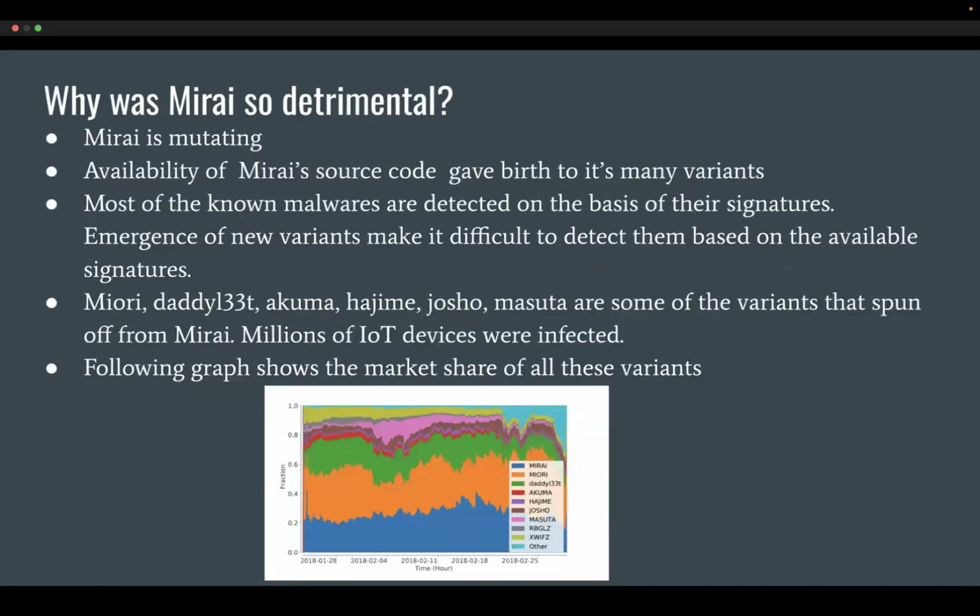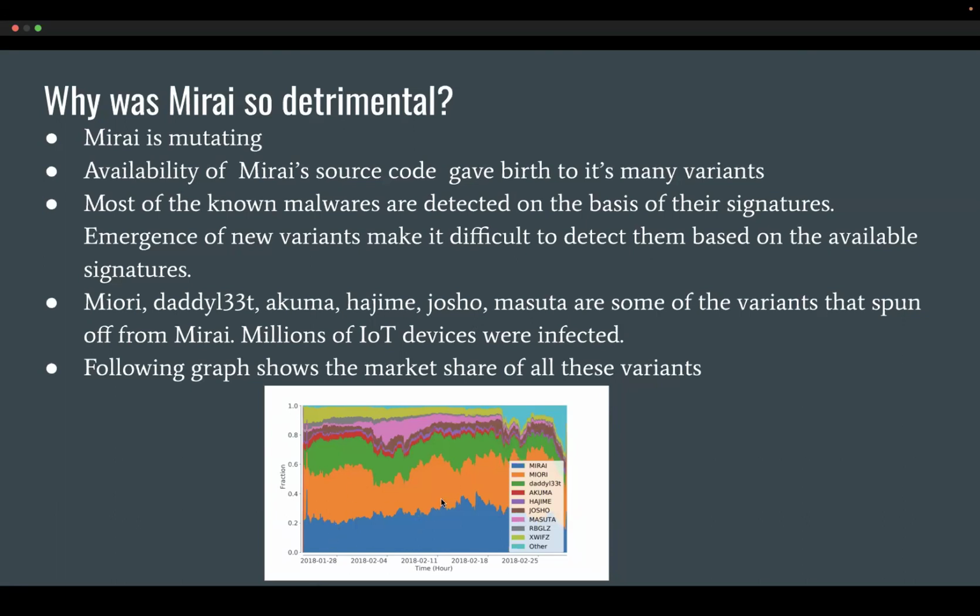So why was Mirai so detrimental? It is because Mirai was mutating. You could easily modify Mirai. The Mirai source code was open source, so this led to the birth of many, many variants, and then later each of them competed with each other, which we will see later. And some of the variants include Miori, Daddy, L332, Akuma, Hajime, Josho, Masuta, etc. And following is the graph of their market share in the year of 2018.